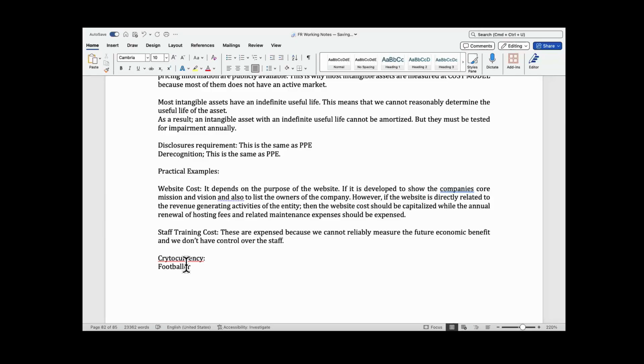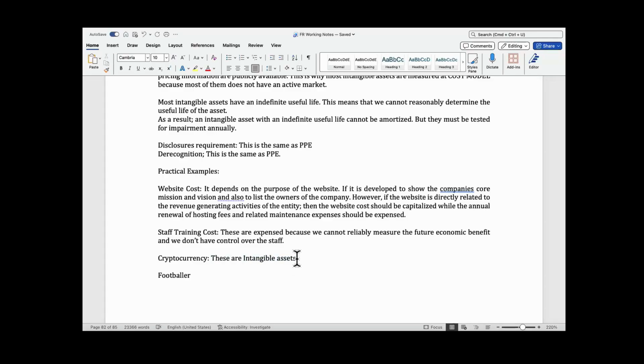Now, cryptocurrency. Cryptocurrencies are like Bitcoin and all of that. So these are intangible assets because we cannot touch them. And yes, they make money, they appreciate and all of that, but they are basically intangible assets.